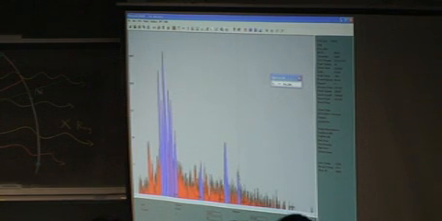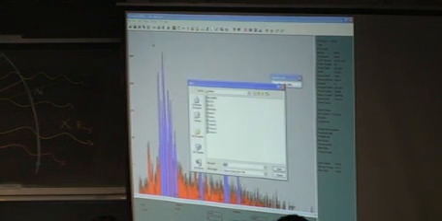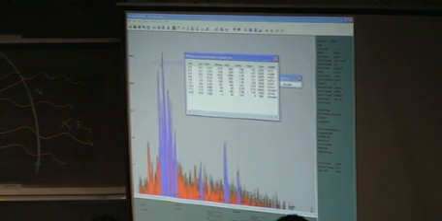Alright, so I've marked my peaks. Now I want to see what these peaks correspond to. Analyze. I load a library, X-ray K alpha 1, and then I look at my ROI details.